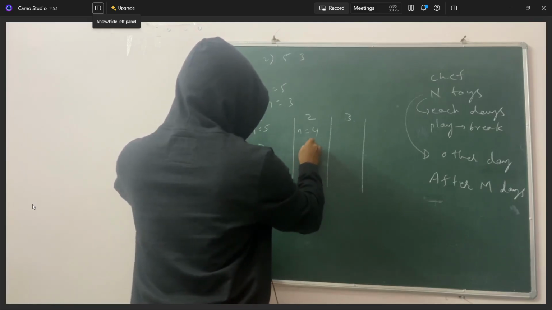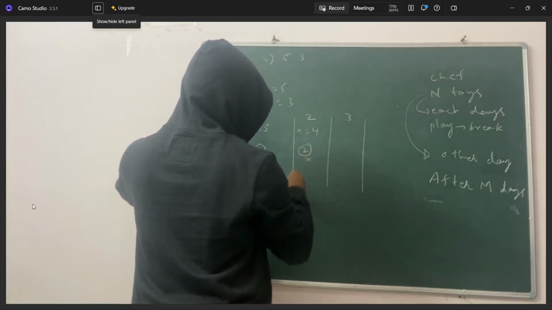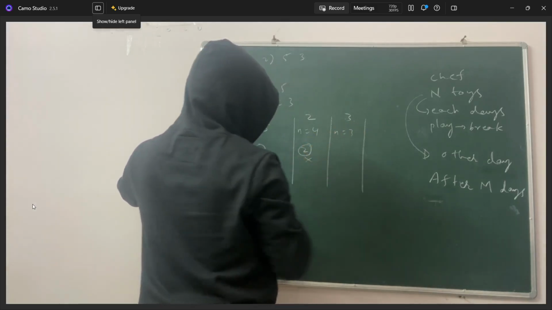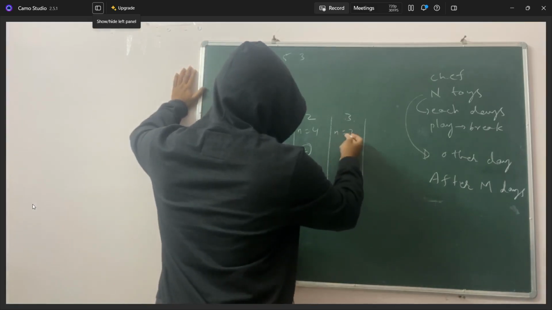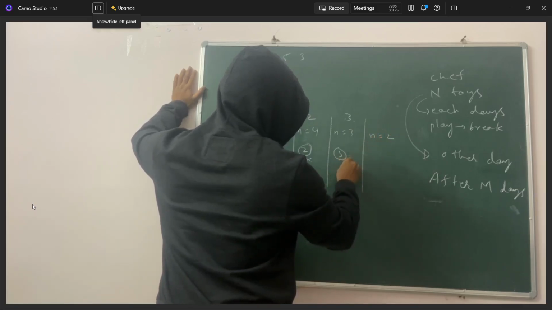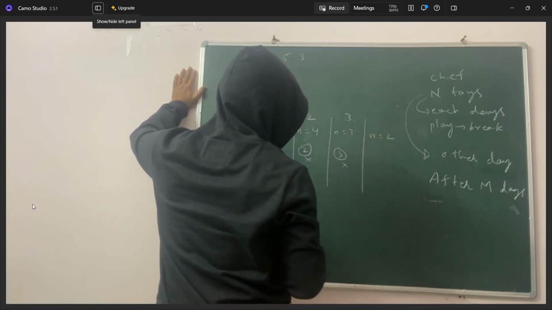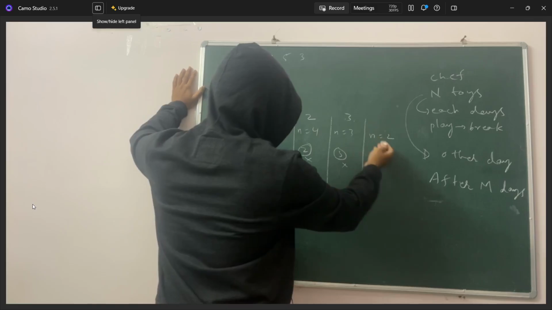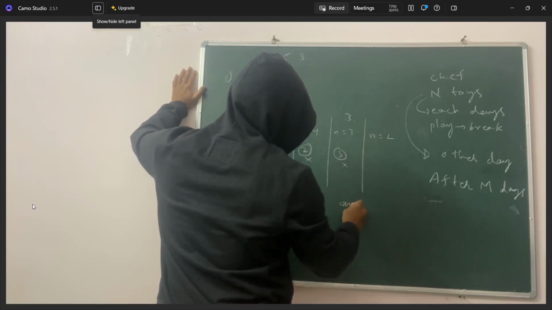On day 2, he plays with a second toy and breaks it, and he'll have 3 toys. Now he has 3 toys, he'll pick one toy, so for the next day he has 2 toys. The third toy he'll break. So after 3 days, basically m days, how many toys does he have? He has 2 toys remaining.